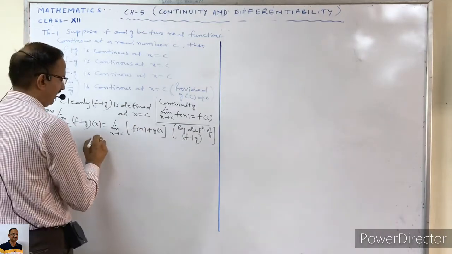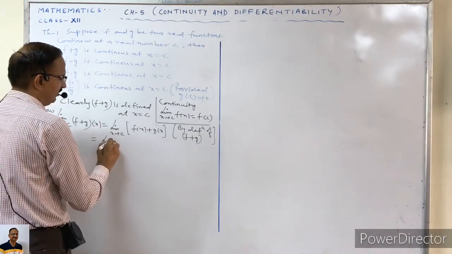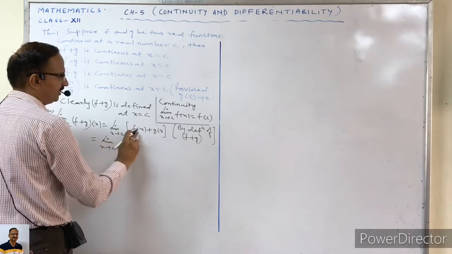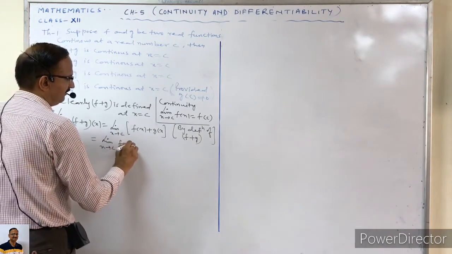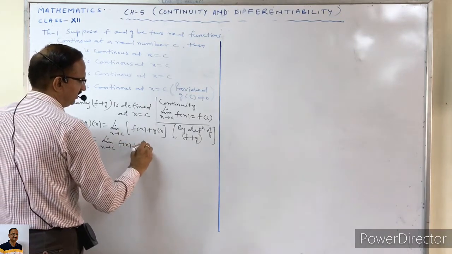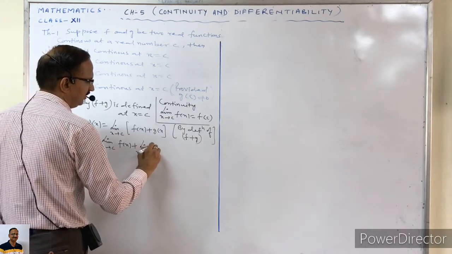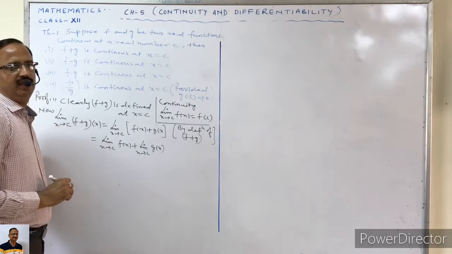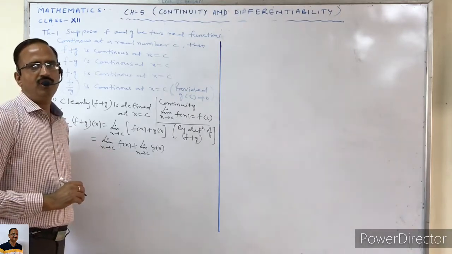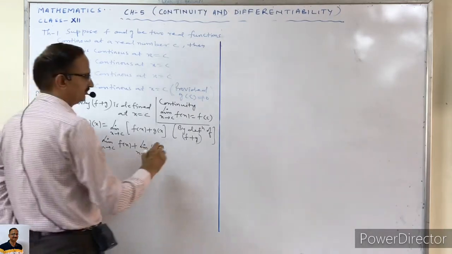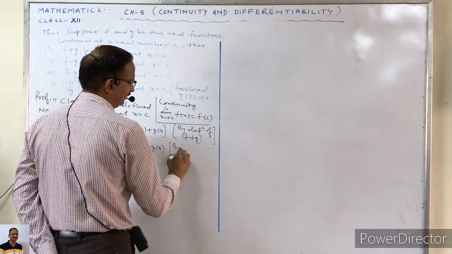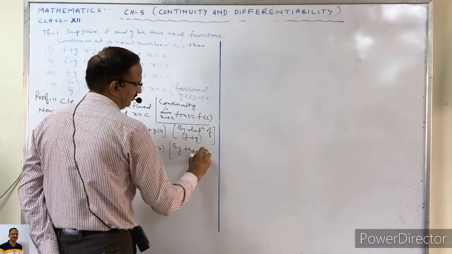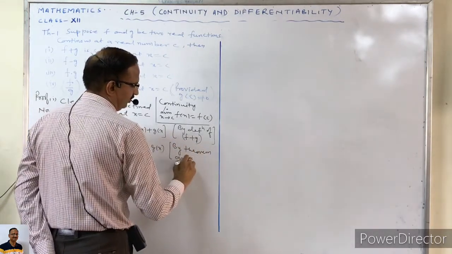Now we can write this as limit x tends to c for f(x) plus limit x tends to c for g(x). This is by the theorem on limits.